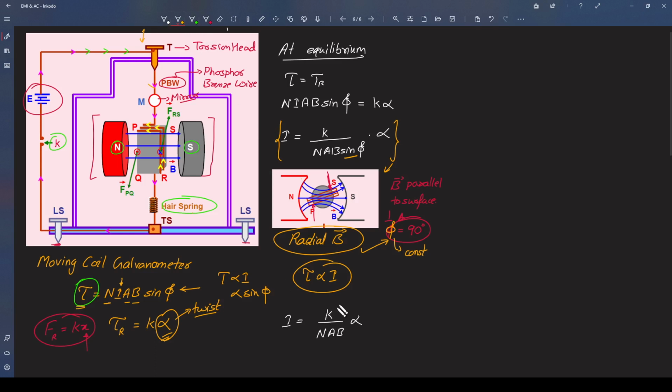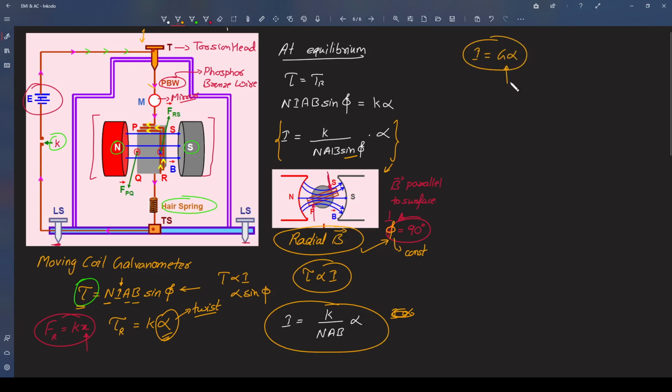Now if you see this expression, I is directly proportional to alpha, where alpha is the angle. Now this can be rewritten as I equals G alpha, right?